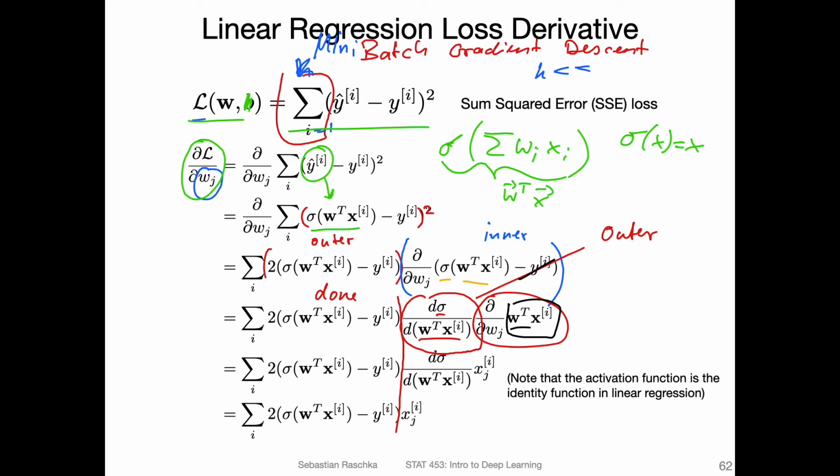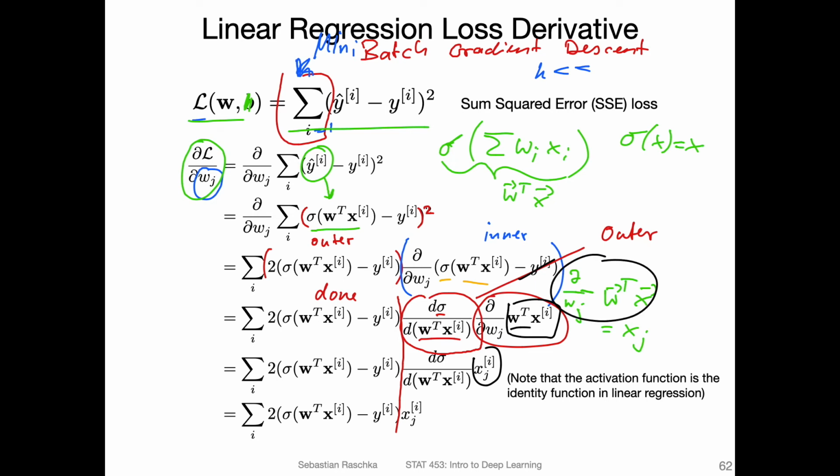Because we computed the derivative with respect to wj, and because w is a vector, the derivative of this term with respect to wj would be xj, because all the other values in that vector would be constant. So this is what we have left over if we derive this part.